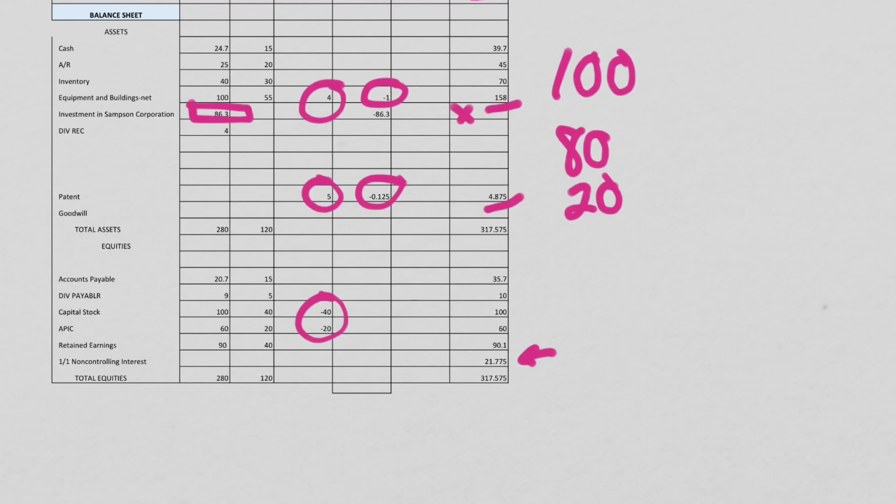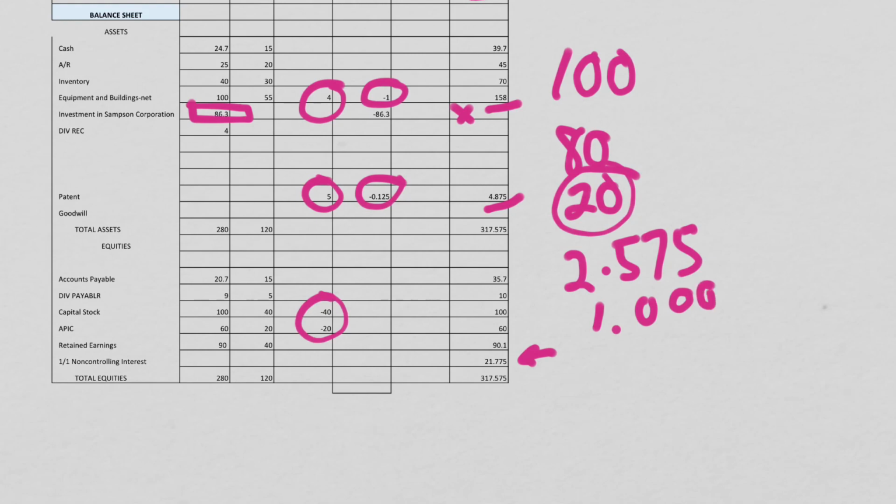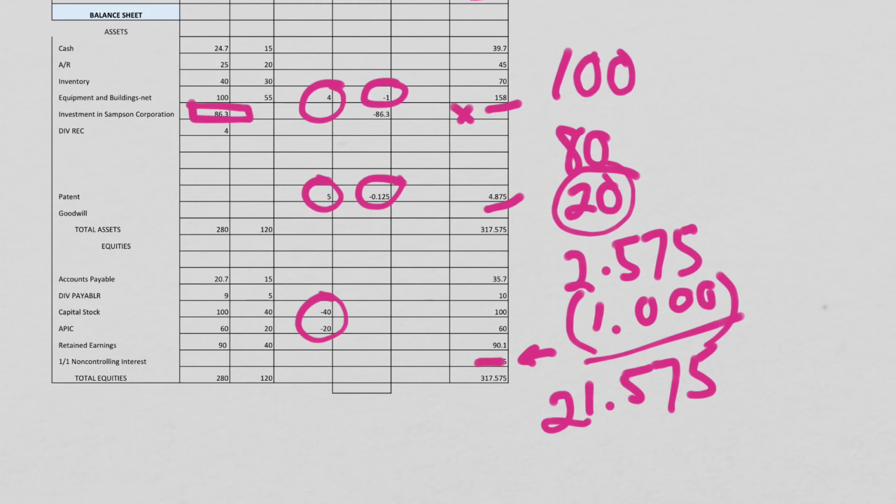If you take 20 as the beginning non-controlling interest, you add in the income for the year, which is 2.575, and you take out the dividend, again, this is all that belongs to the non-controlling interest, you will wind up with 21.575. So my math must have been wrong someplace along the way, and it really should have balanced at this number. That's the ending non-controlling interest. And we'll see more about that when we go to do the next year, which we're going to do next.